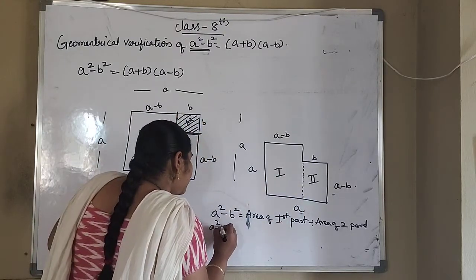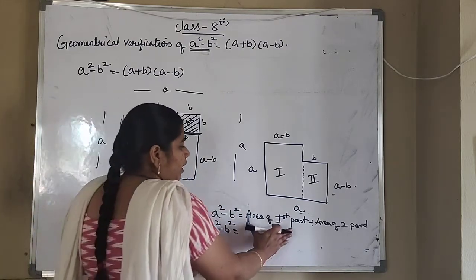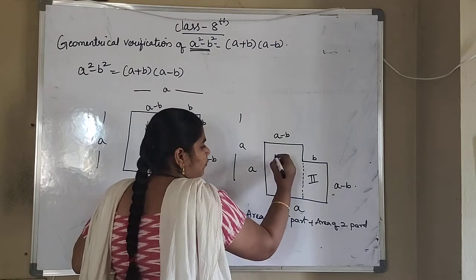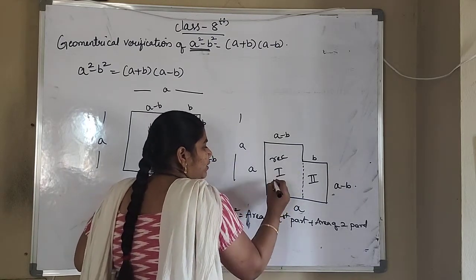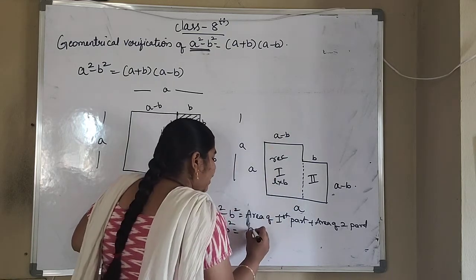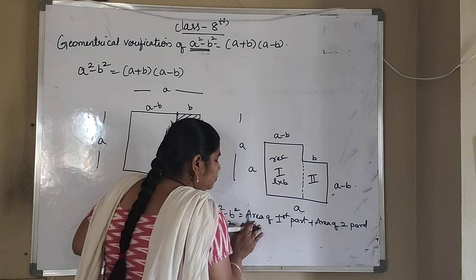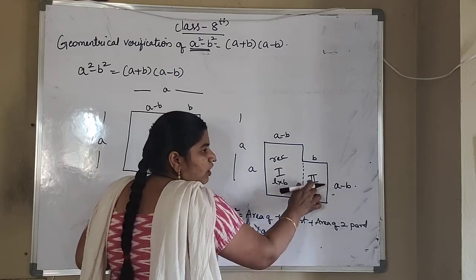This is b here. So a square minus b square is equal to the area of the first part. This part is a rectangle. What is the area of a rectangle? That is length into breadth. So I am writing here a into a minus b, plus the area of the second part.